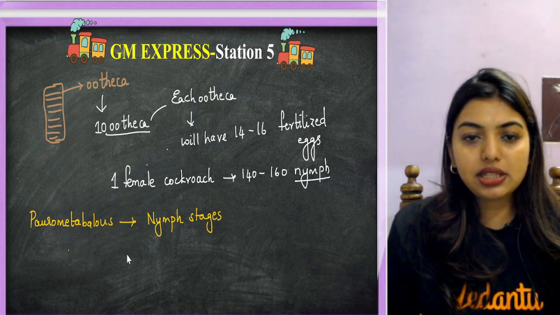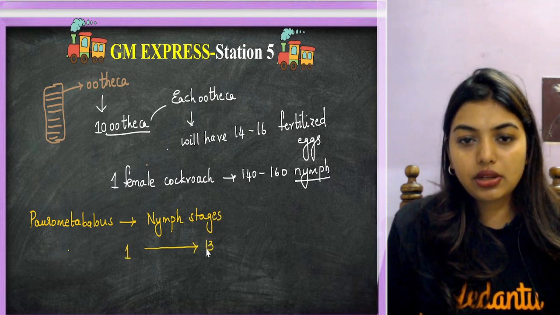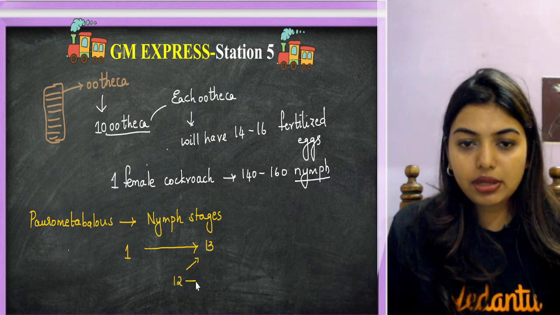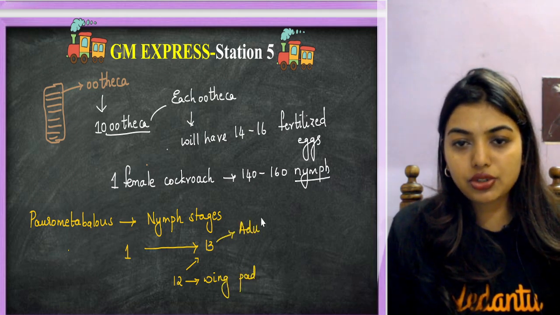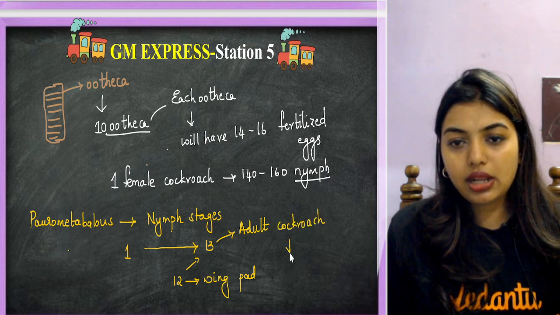Nymph stages means 1 to 13 of them. 13 stages will be there, and in the 12th stage we'll be able to see a wing pad. And this 13th stage I can call an adult cockroach, that will have the wings.